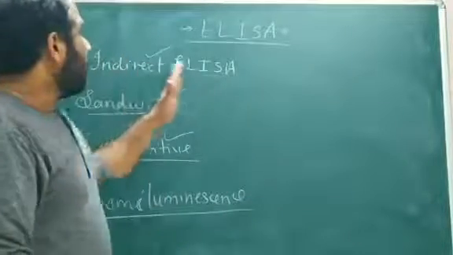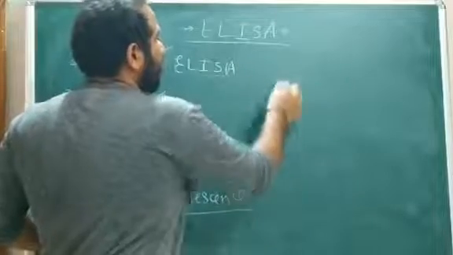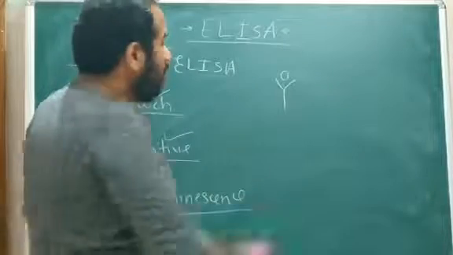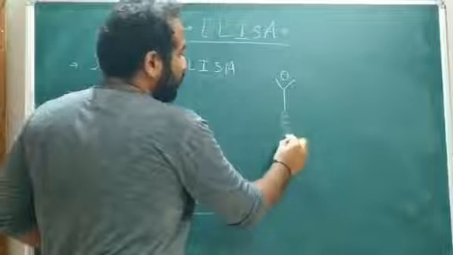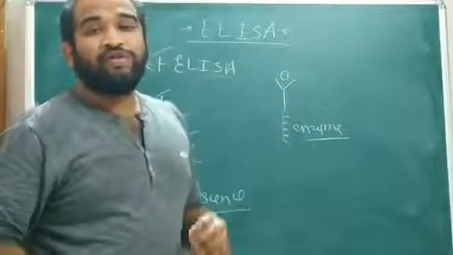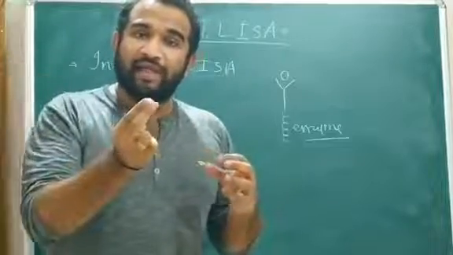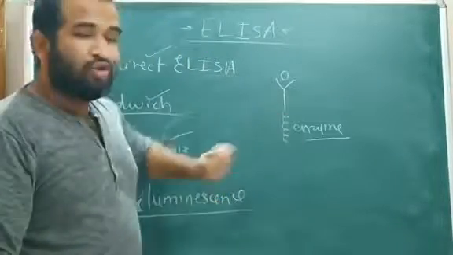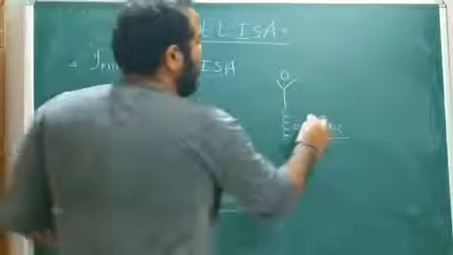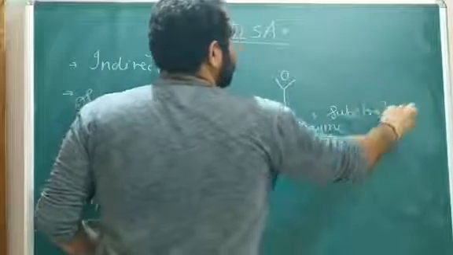Now, why is it called enzyme linked? We know that there is an antibody and there is an antigen. When one antibody is conjugated with an enzyme, okay, what is happening over here? The antibody is bound with an enzyme, and it is a conjugated enzyme that is present over here. And for this enzyme, its specific substrate is added.